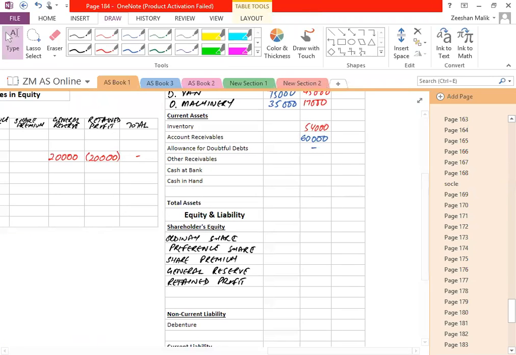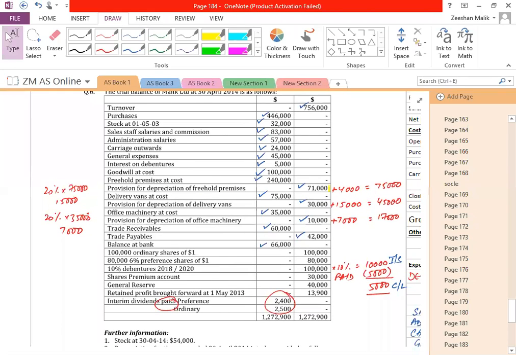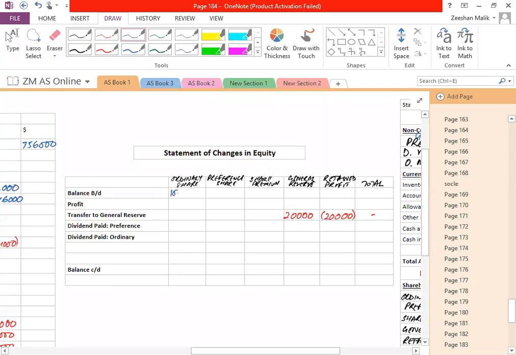Current asset 66,000. These items we already put or not? Not yet. 180. We have to do it one by one. Ordinary shares, preference shares 180. 100,000. Preference 80,000.